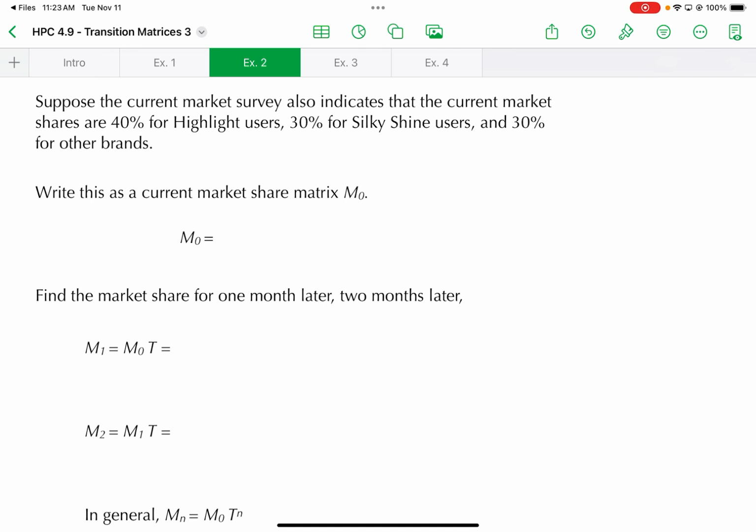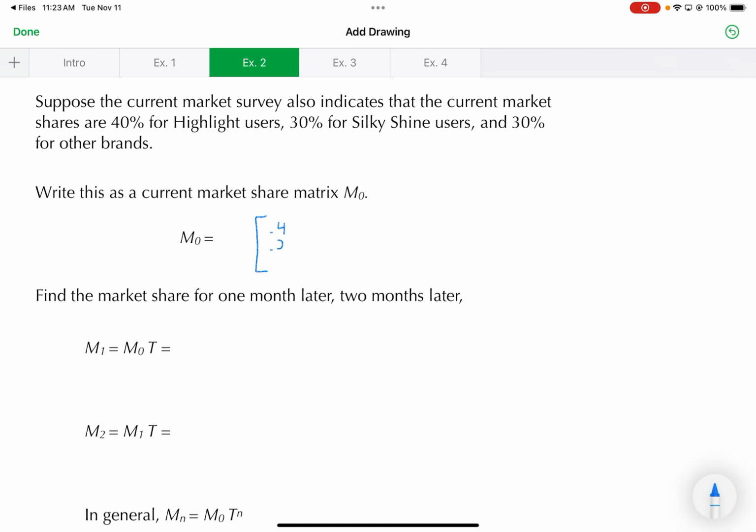Now, there would be 2 ways you could represent this. You could do a 3 by 1, or you could do a 1 by 3. So you could make it look like this, 0.4, 0.3, 0.3, where this is H, S, and O. Or you could make it into a 1 by 3, 0.4, 0.3, 0.3, where your columns are now H, S, and O. Okay, well, which one do we use?